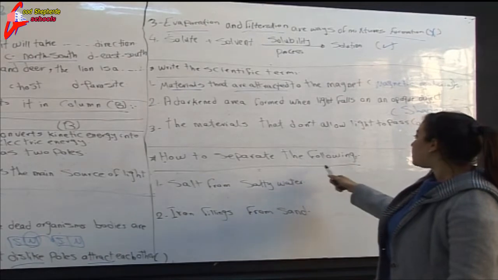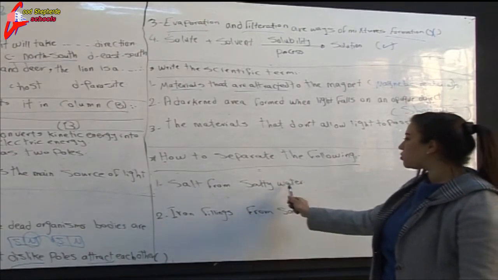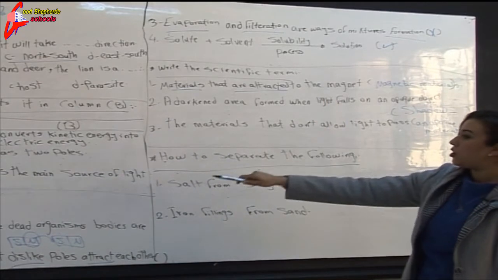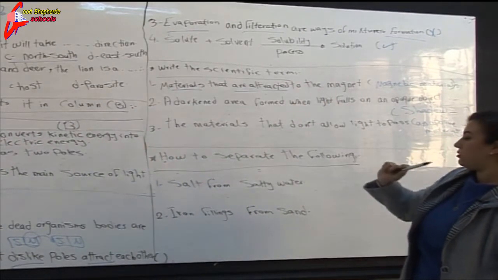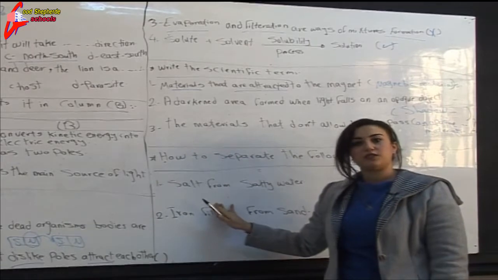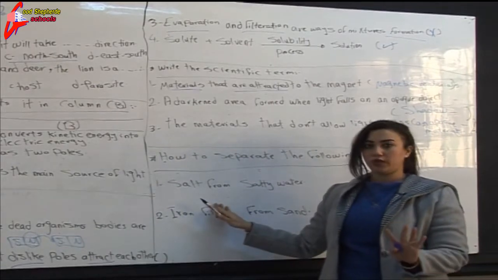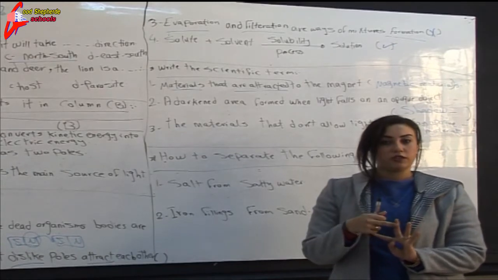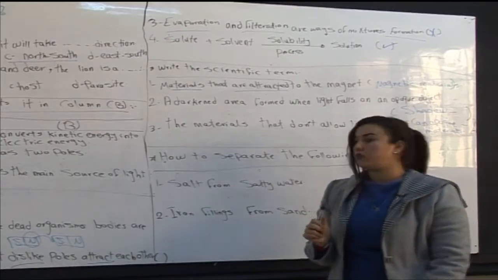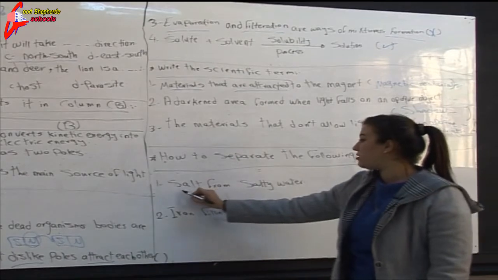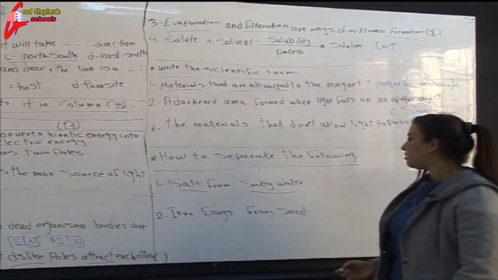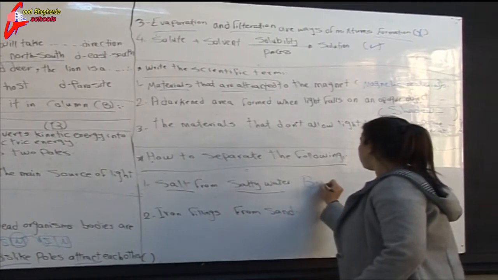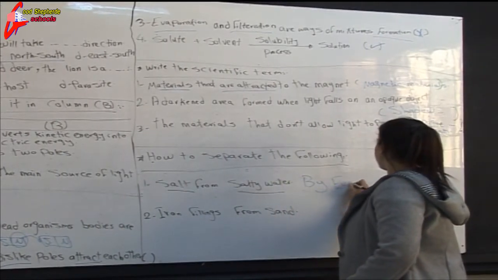How to separate the following? Number 1, salt from salty water. As we said before, in the right-or-wrong question number 3, we separate a mixture in 4 ways: magnetic attraction, filtration, evaporation, and separating funnel. So how can I separate salt from salty water? By evaporation.